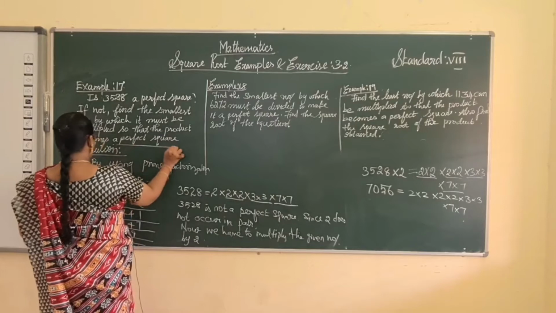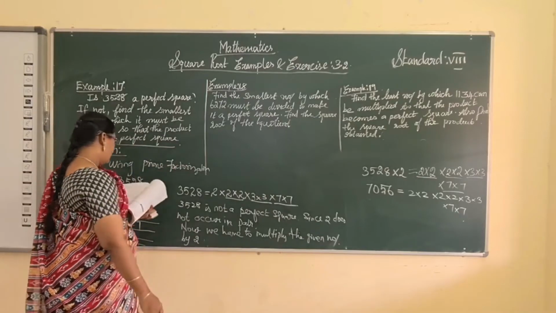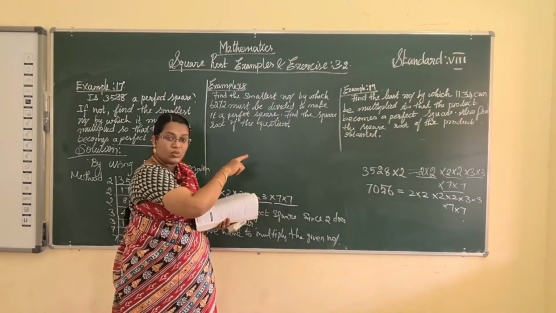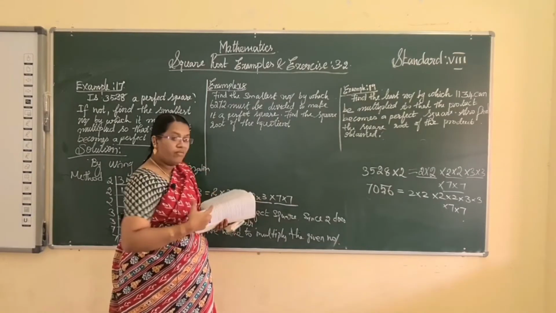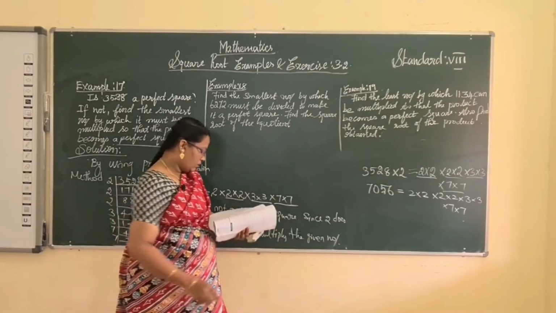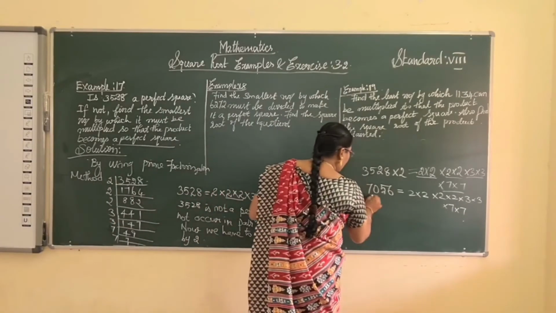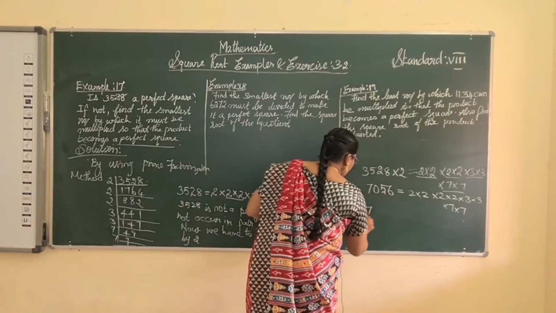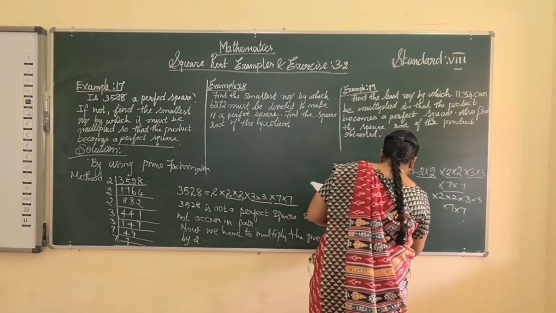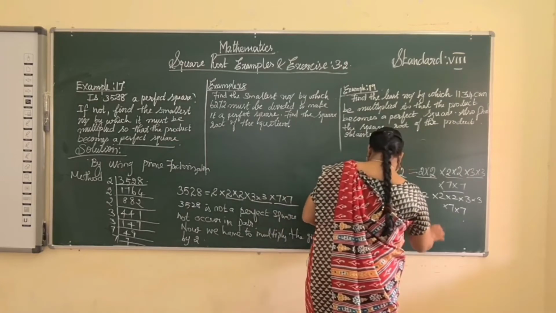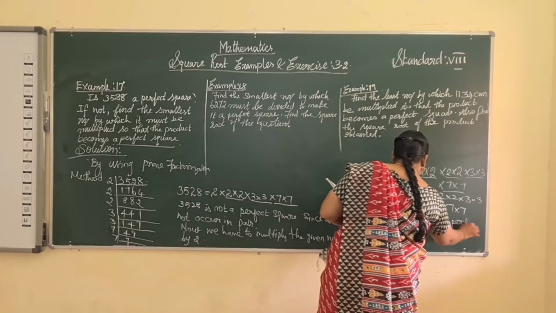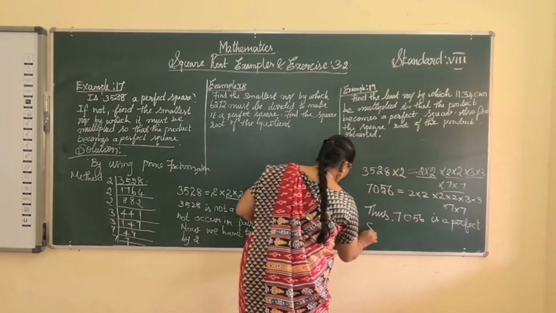Become a perfect square, the product. We multiply by the smallest number, 2, and we get the perfect square. So this is a perfect square. Thus 7056 is a perfect square.